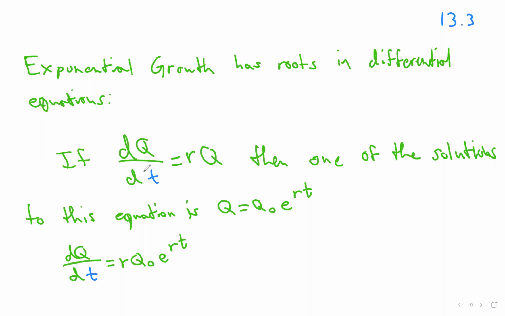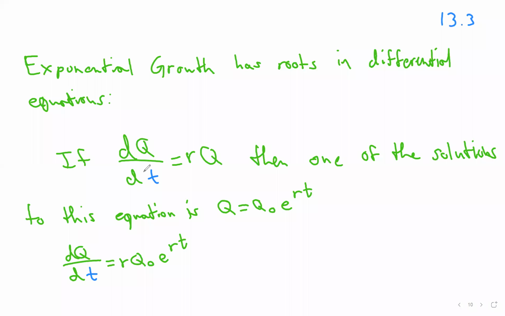And if we're looking at Q and we wanted to take the derivative of Q, our dQ/dt would be r Q naught e to the rt. And so that result there would give us the relation that r times our original function is equal to that derivative there.